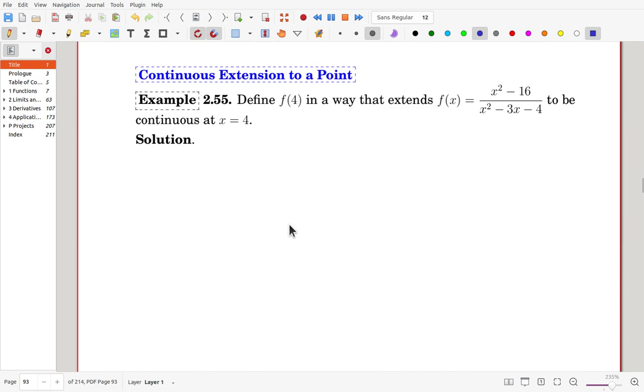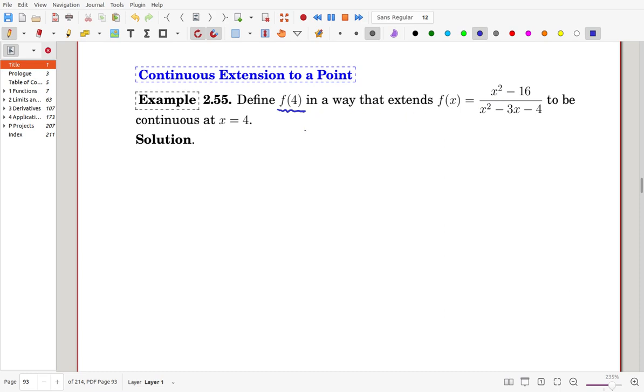Okay, the final subject in the second part is this one. We have to define the function value at a point such that this one is continuous. Right now, once x is 4, the denominator becomes 0, so it's not defined.